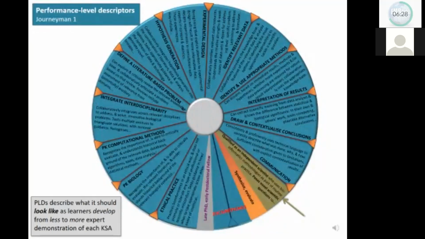At the first journeyman level, J1, here we find a newly qualified independent scientist, but in fact, generally still requires some supervision. This is typical of an early postdoc fellow, for instance. And the Bloom's level has moved on to include the ability of such individuals to evaluate, but with guidance still.